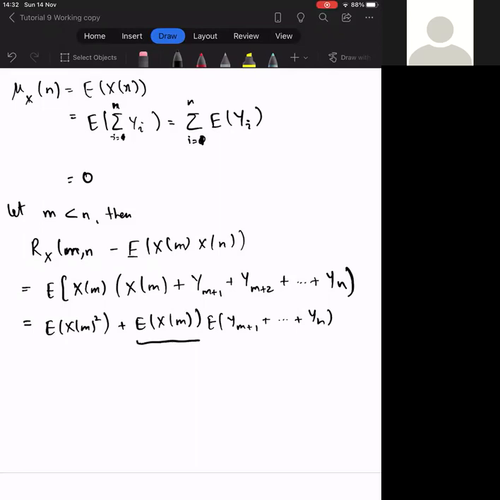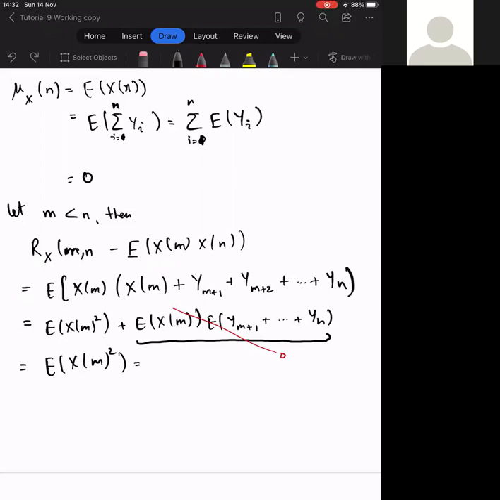What is this? This is the sum of their individual expectations. Once again, we've already established that's 0, so this will also be 0. Okay, we're just left with E of x of m whole squared.